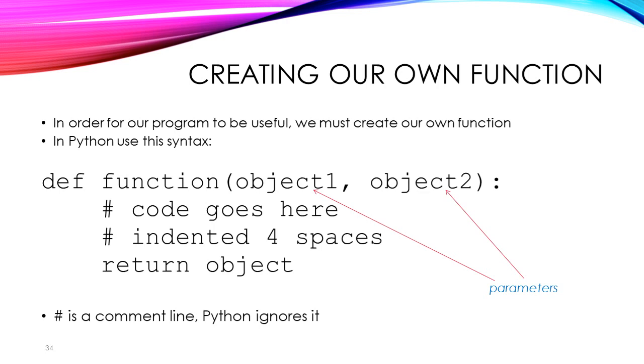Then this is the one thing you're probably going to forget. After the last parentheses, you have to have a colon at the end of that line. Then from this point on, everything must be indented. That's how Python organizes what are called blocks of code. It uses indentation. Everyone in the Python world uses 4 spaces, so you should also use 4 spaces.